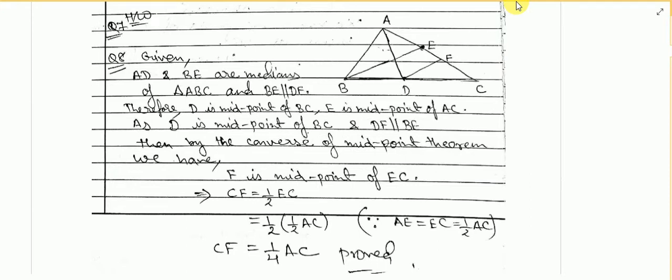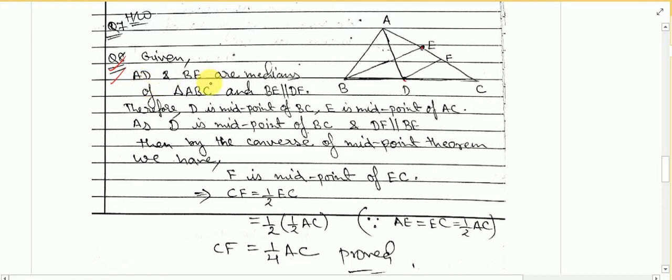Okay, so here question number 8, this is the figure, okay. They have already said AD is median and BE is median. In that case this D is the midpoint of BC and E is the midpoint of AC.